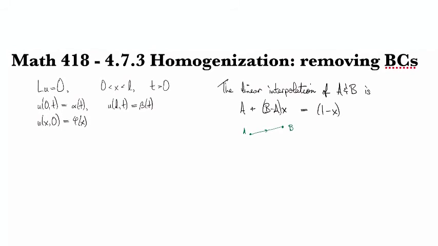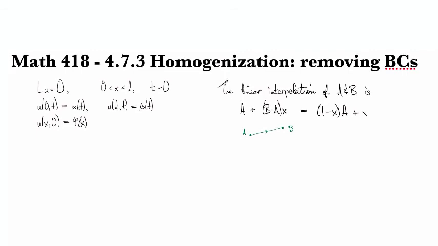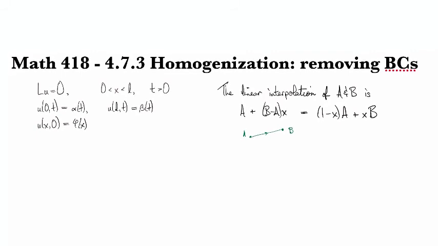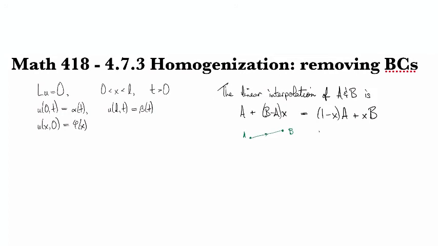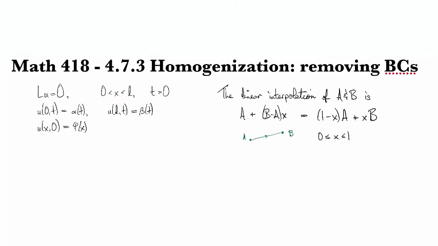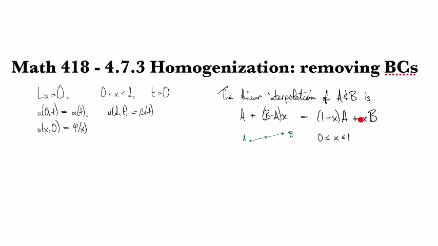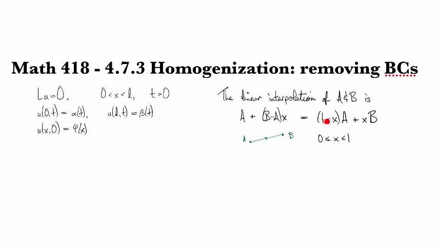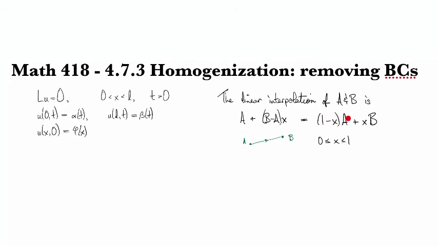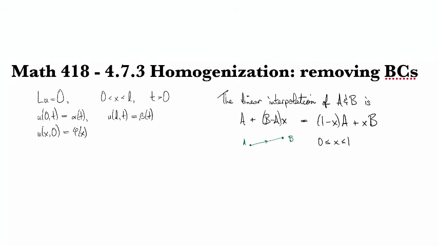So it looks like 1 minus x times A plus x times B. And then this takes you from A to B as x goes from 0 to 1. So when x is equal to 0, this term drops out, and you just have A. When x is equal to 1, this part drops out, killing the A, and you just have B, right?